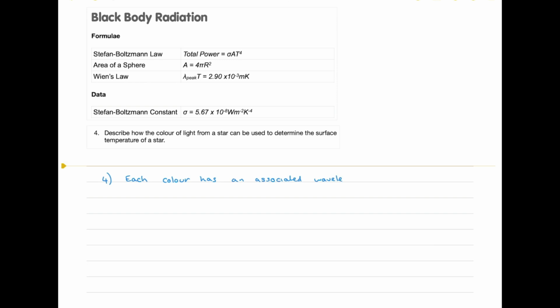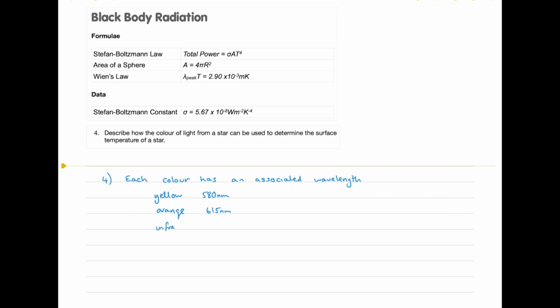And this is where I was talking about earlier. You should really learn some of the wavelengths of some of the colours. So for example, yellow light has a wavelength of around 580 nanometers. Orange light has a wavelength of around 615 nanometers.